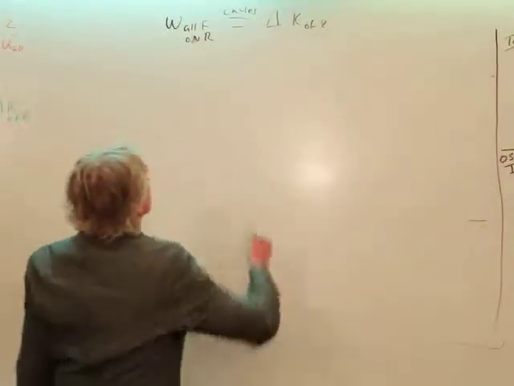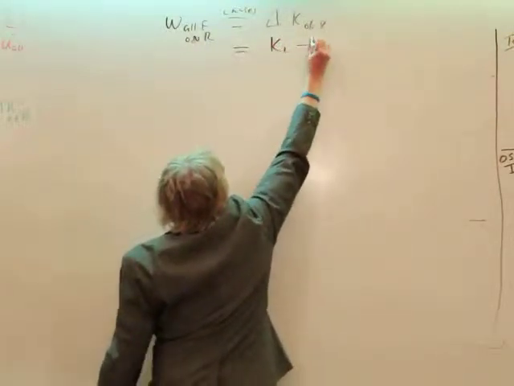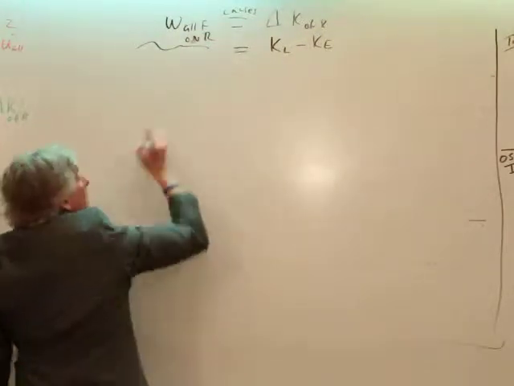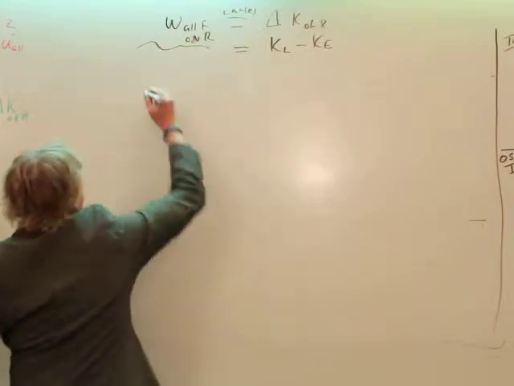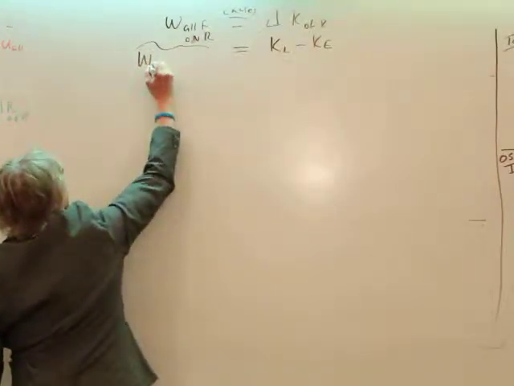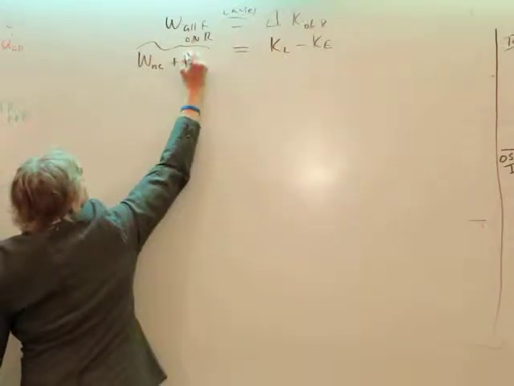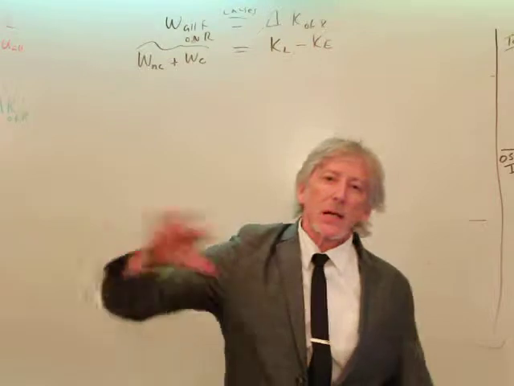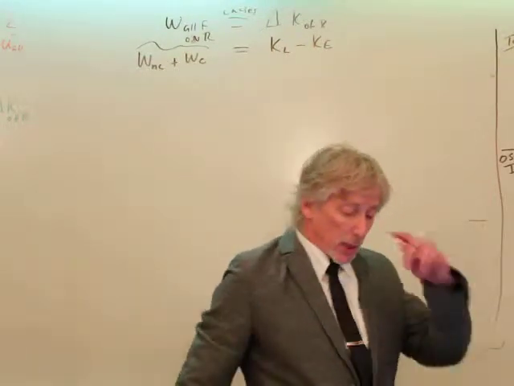Now, what is this? Well, this is kinetic energy later minus kinetic energy earlier. And what is this? Well, I'm going to break that up now into work from non-conservative forces plus the work from conservative forces. Because it's going to allow me to do a little shifting of my theory that makes for nice energy accounting.